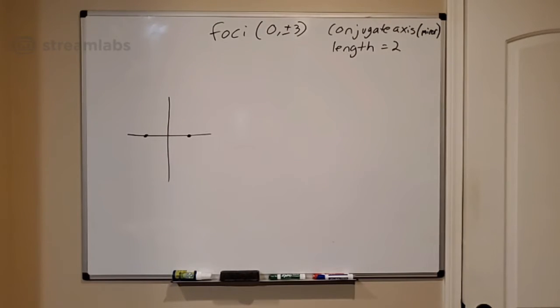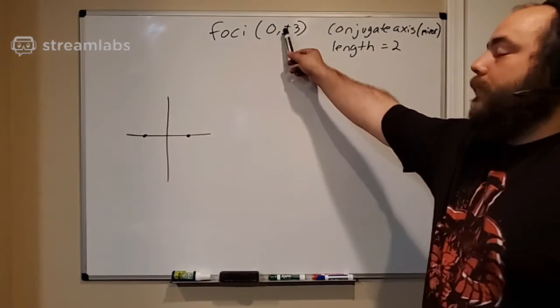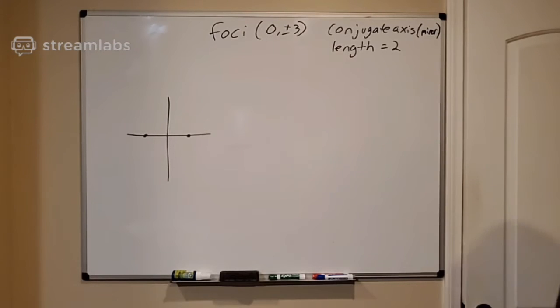Okay. So if we have foci at 0, 3, and 0, negative 3, what information does that help us get? The center. I don't know if it's called the center or not, but it's still called the center, yes. We still call (h, k) the center. That didn't change.